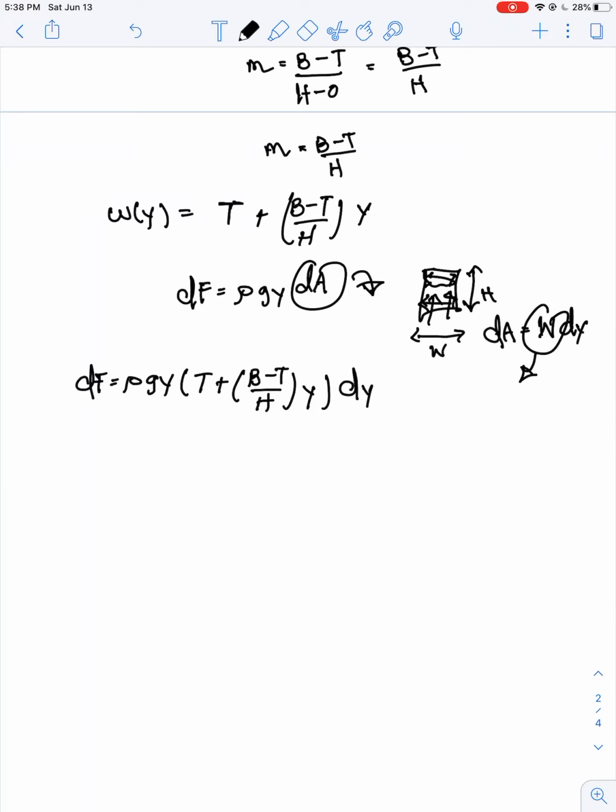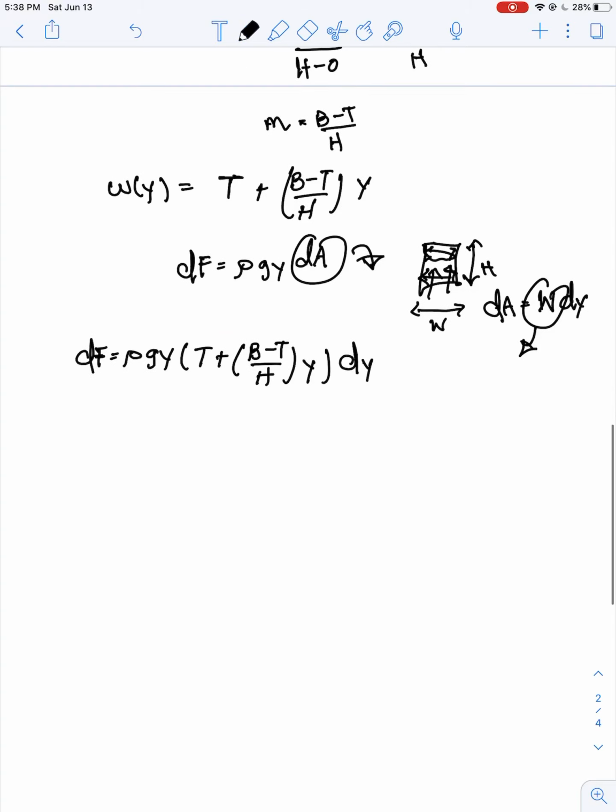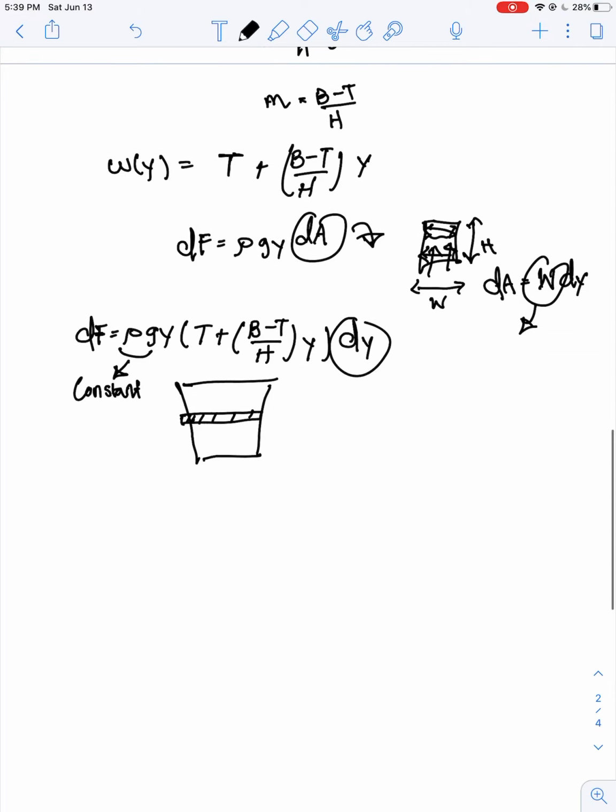And now from here, what does this equation right here tell us? This tells us that the force exerted by the liquid on a small portion dA within this trapezoidal dam will be dependent on the depth, and assuming that the density and the gravitational acceleration are constant, all this is dependent on is the depth.